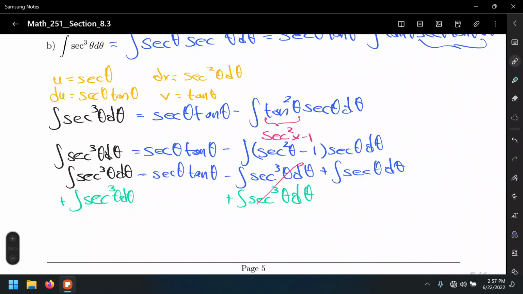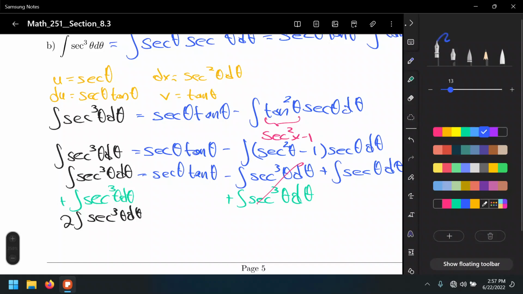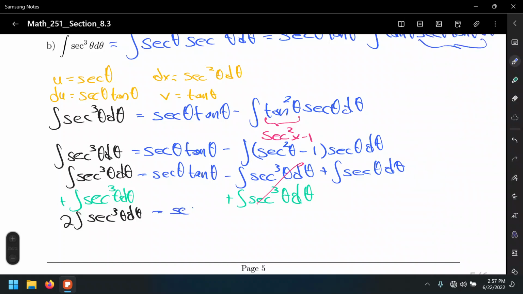And what's 1 plus 1? 2. 2 times the integral of secant cubed theta d theta equals secant theta tangent theta, and then plus the integral of secant theta d theta. And well, of course, we can divide both sides by 2 at this point and then just take care of this integral. Why not?